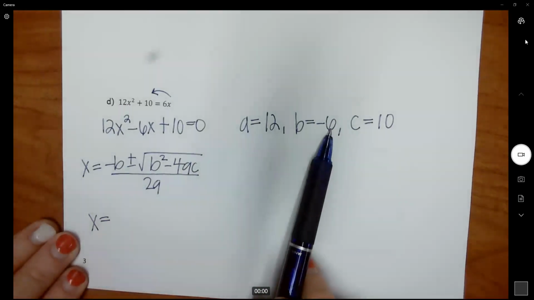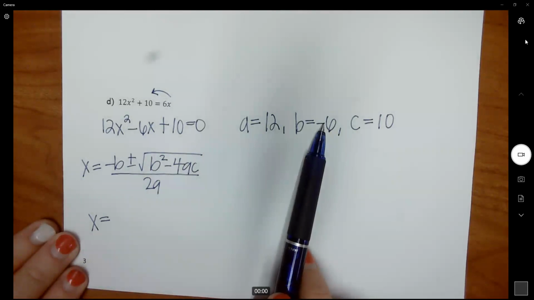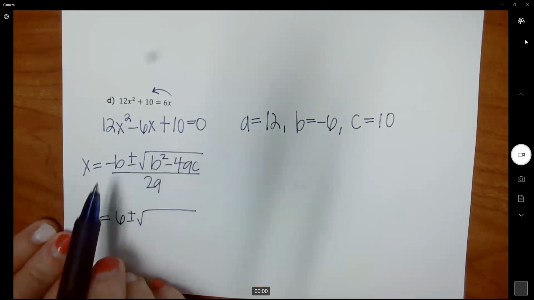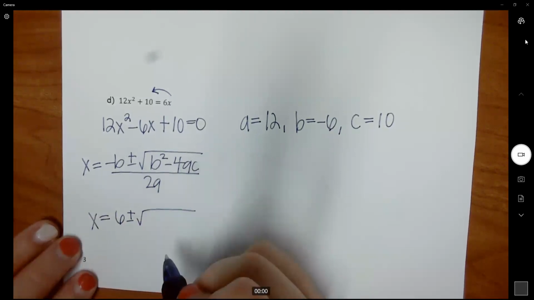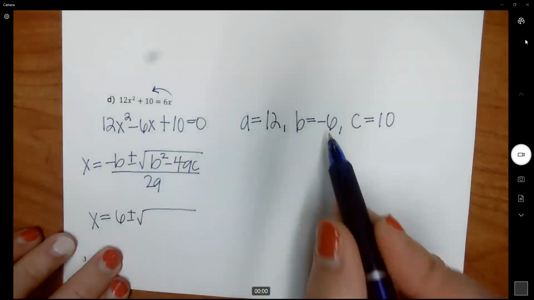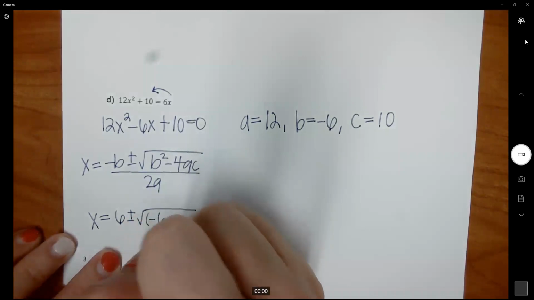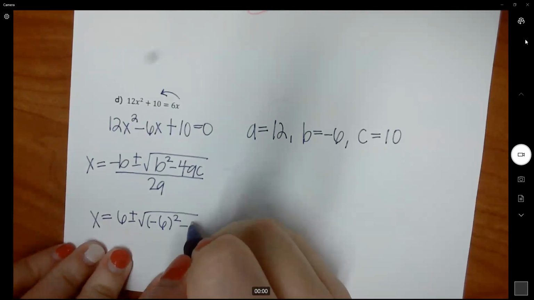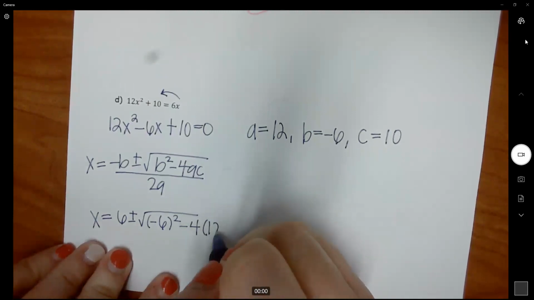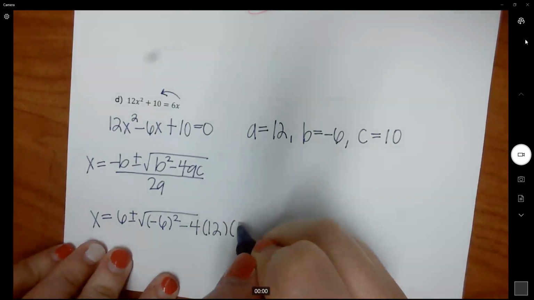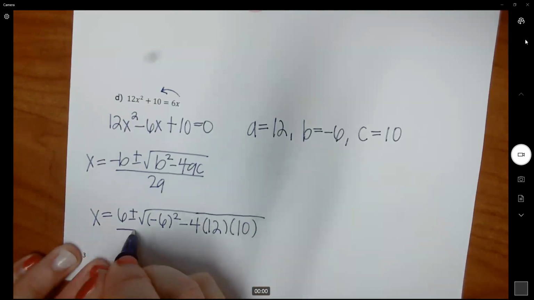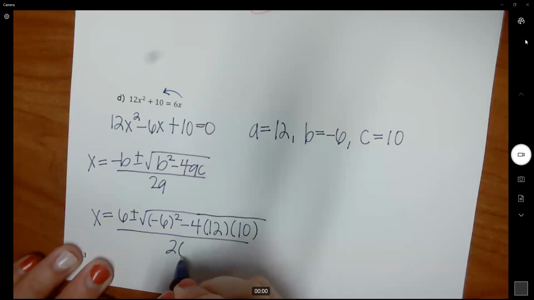So negative B, again, negative 6 is positive 6. That negative B means I'm changing the sign. B squared, because my B is negative, you have to put those parentheses around it. Minus 4 times A times C. And this is all over 2A.